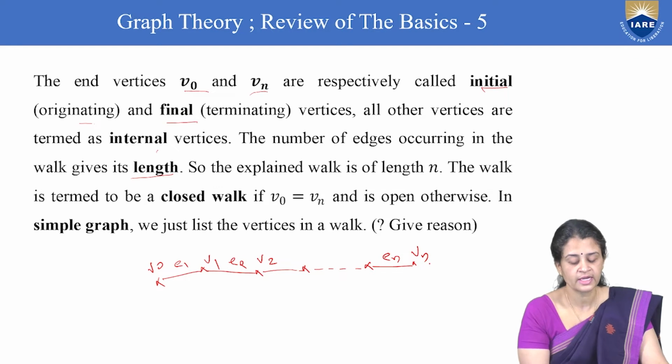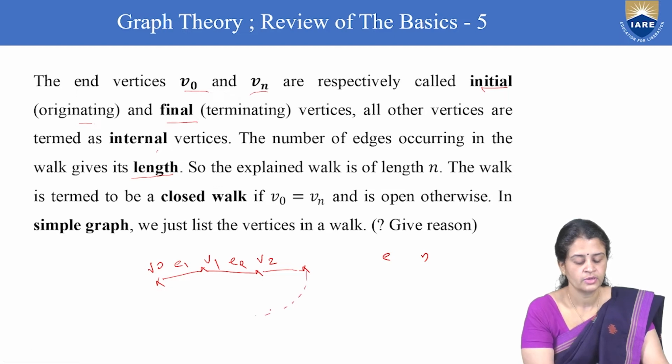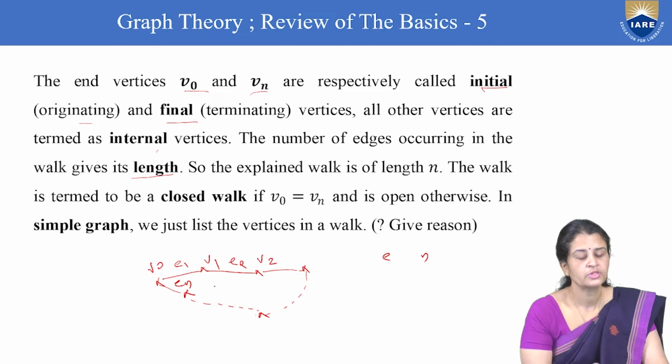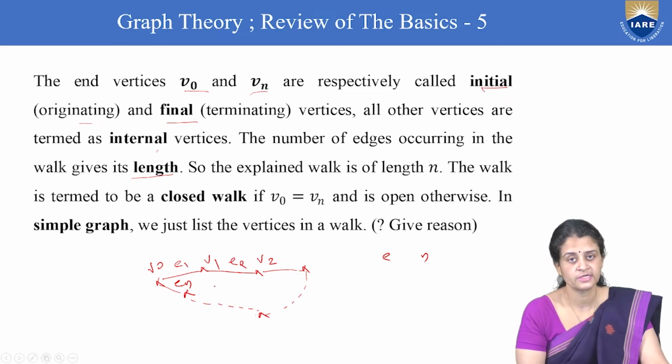If it turns out that we end with V0 itself, then we call it a closed walk.